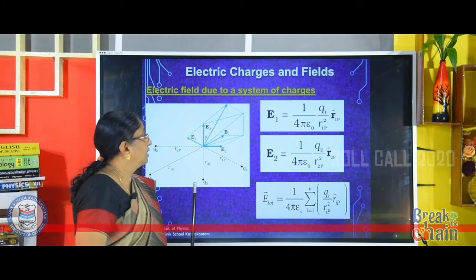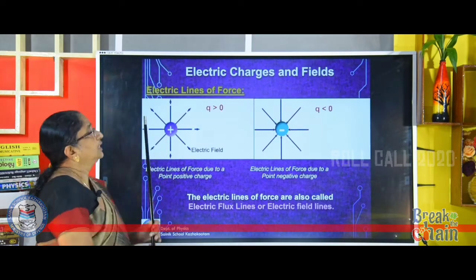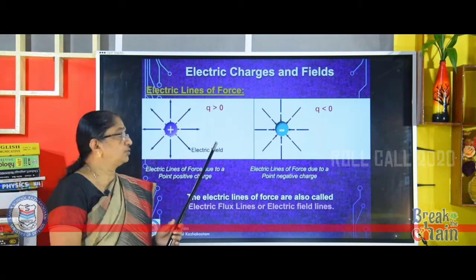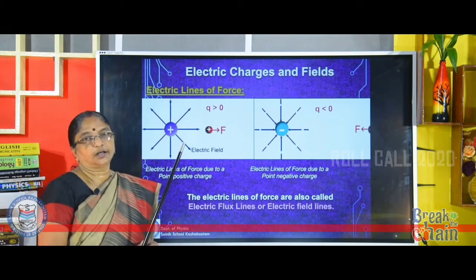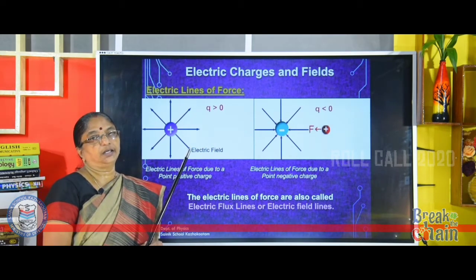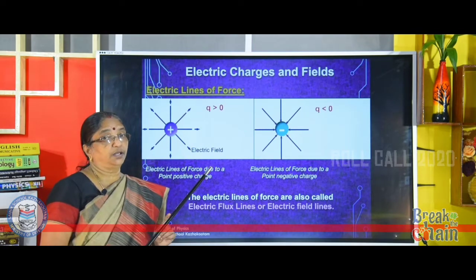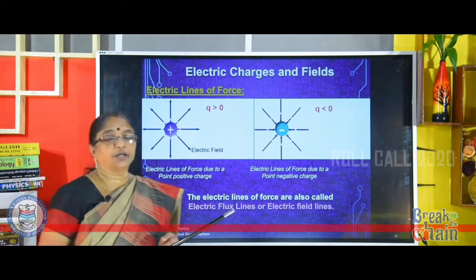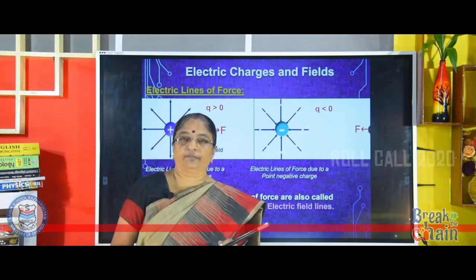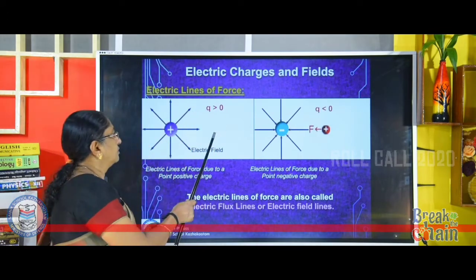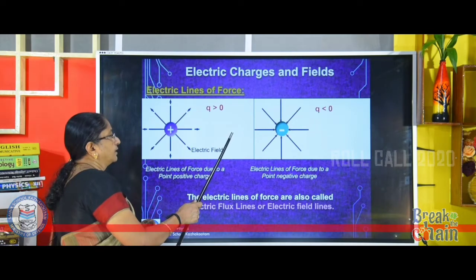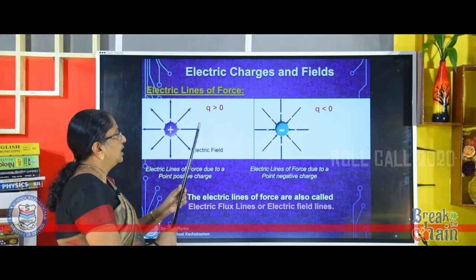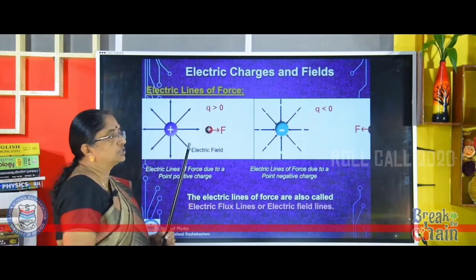Okay. Now let us see electric lines of force. Earlier I told you about electric field: the intensity at a point is the force experienced by a test charge. So if the test charge is free to move in a field, that test charge will follow some path. Just see this. Q greater than 0 means it is a positive charge, and see what happens to a test charge.